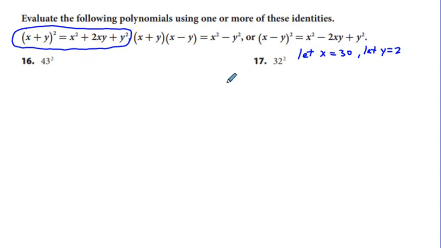So using the identity, we'll rewrite 32 squared as 30 plus 2 squared, which is going to be equal to the first term, which we're going to call x.